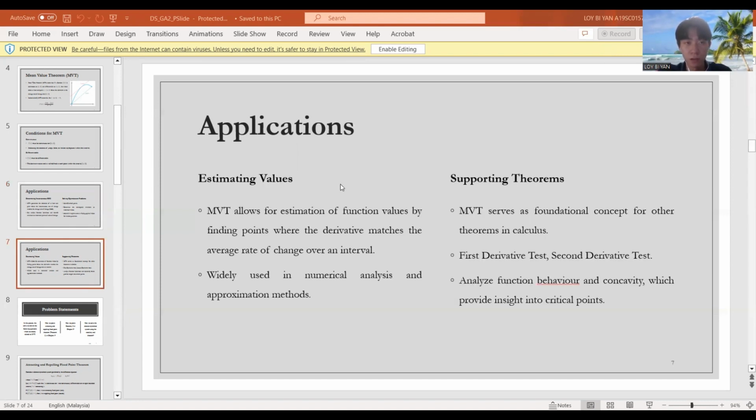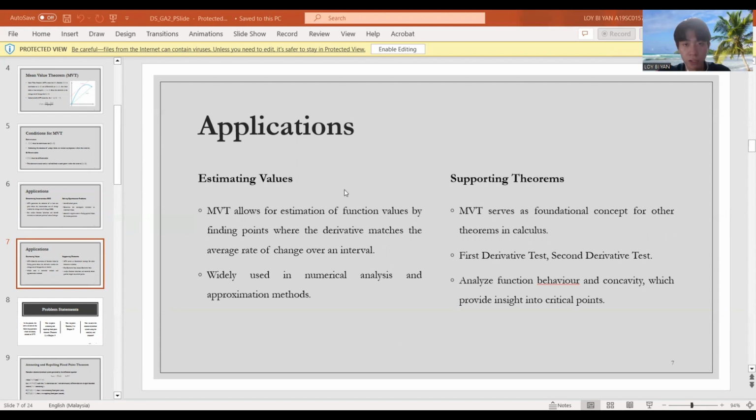It can also be used in estimating values. The mean value theorem allows estimation of function values by finding points where the derivative matches the average rate of change over an interval. It is widely used in numerical analysis and approximation methods.